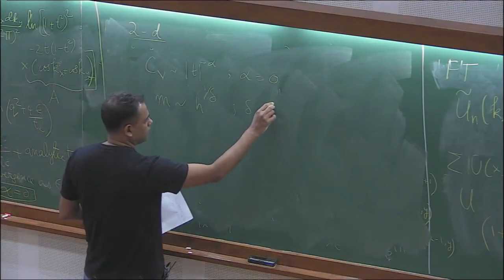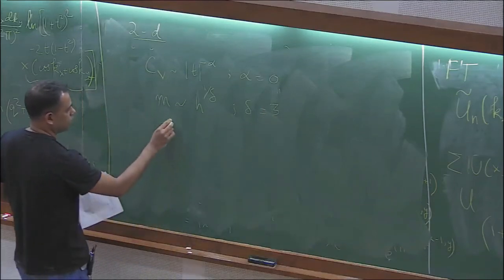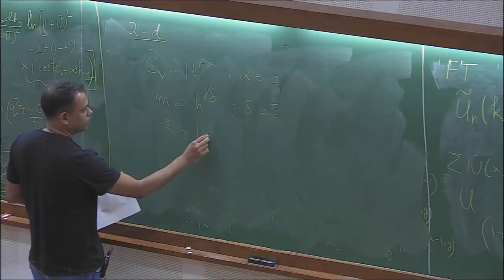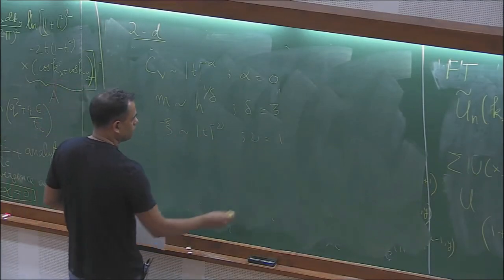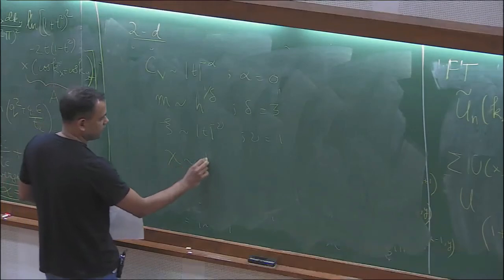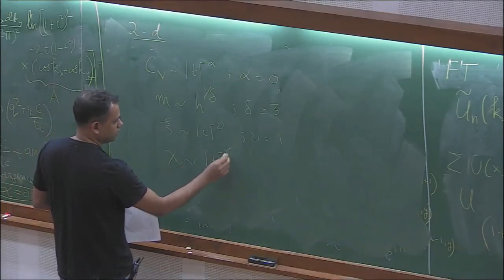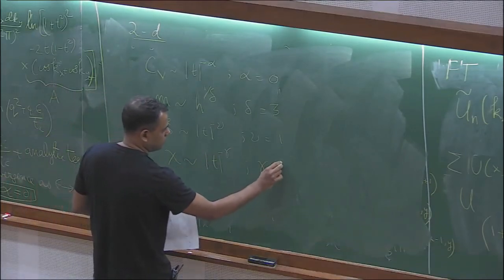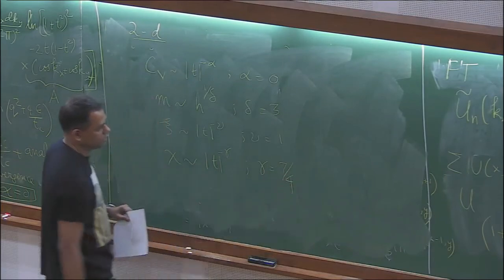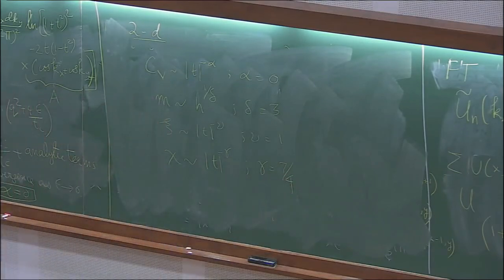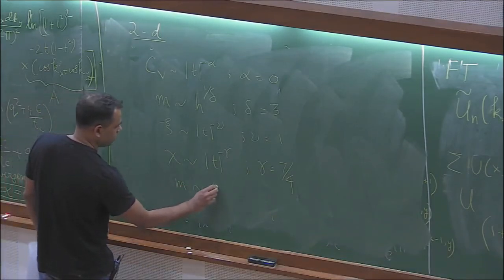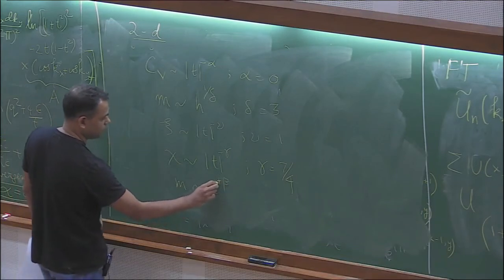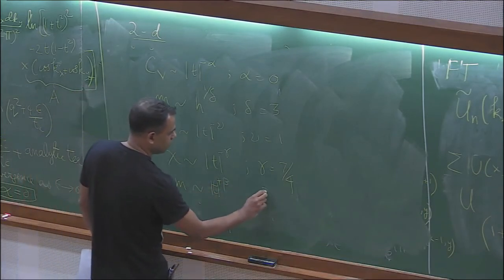Delta is 15. The correlation diverges as mod t to minus nu. Nu is 1. Chi diverges as t to the power minus gamma. Gamma is 7 by 4. Is there any other exponent you would like to find? Oh, beta. M goes as t to the power beta. Beta is 1 by 8.